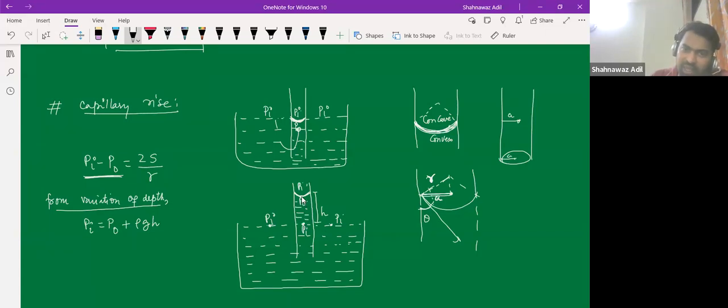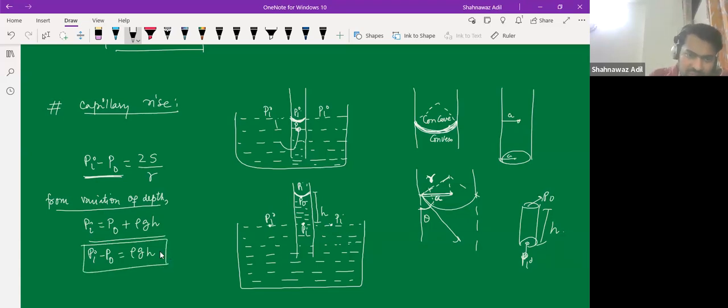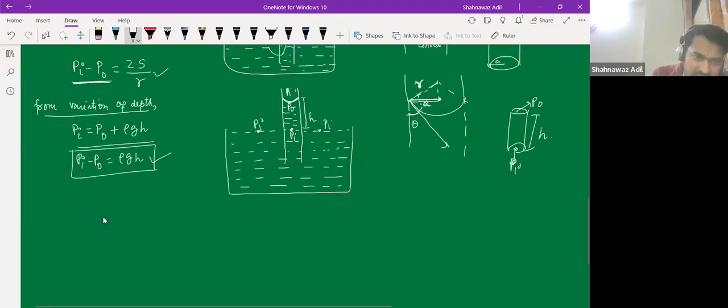This is Po, this is Pi, and this height is H. So we know that at depth, Pi would be this thing. If I calculate Pi minus Po, that would be rho gh. So then I can calculate this height.